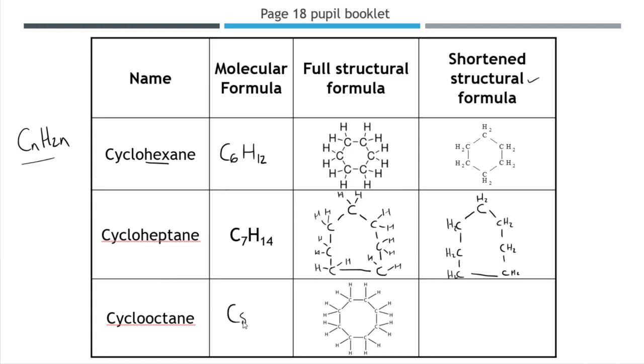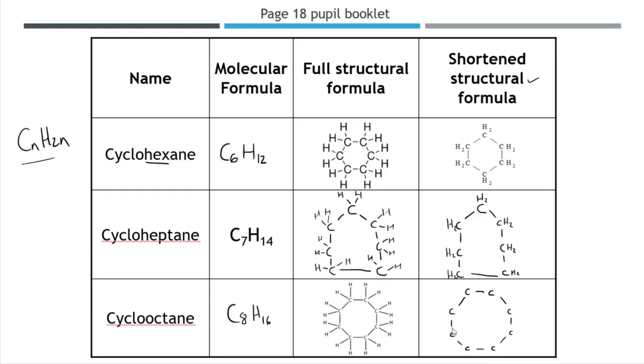Right, cyclooctane then. Oct is 8, so it's C8, and then we times that 8 by 2 to get the number of hydrogens, which is 16. And again, we can go through and do our shortened structural formula this time for our cyclooctane molecule. Getting a wee bit tricky, but that's not too bad.